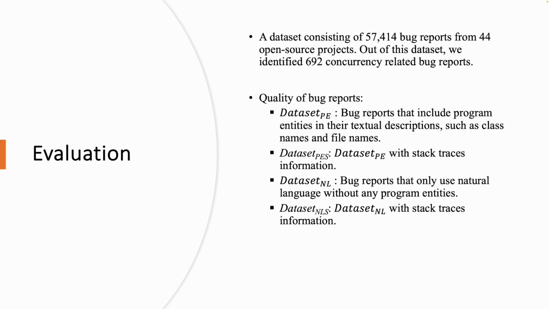However, stack trace information is always considered noise. So the bug reports that have program entities and also have stack trace information will be classified as dataset PES. The bug reports that only use natural language without any program entities will be dataset NL. The dataset NLS stands for dataset NL with stack trace information.